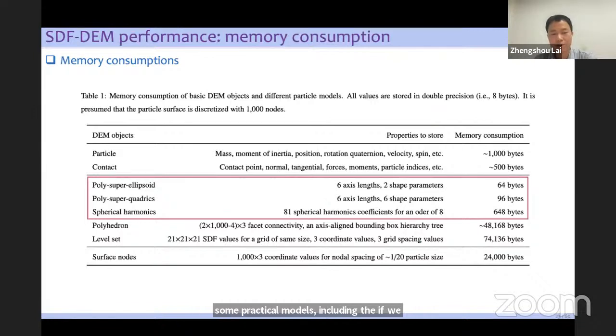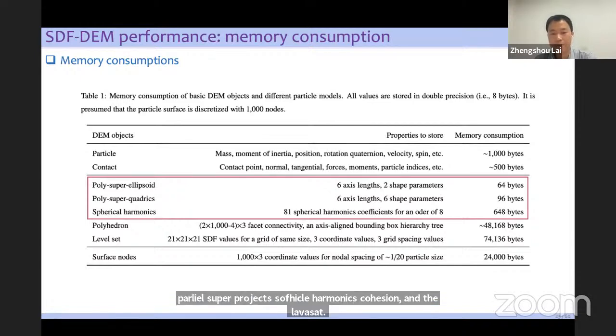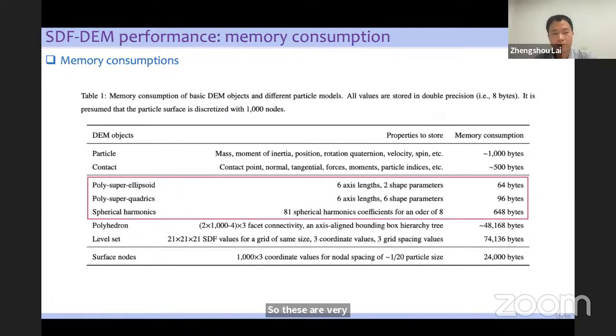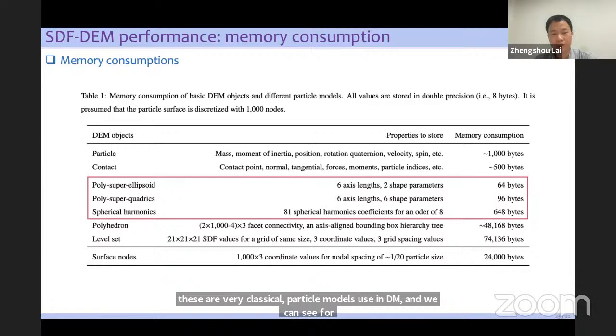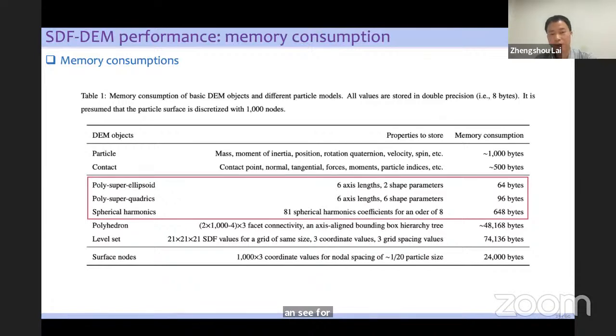These are very classical particle models used in DM. For polyellipsoids, polyquadrics, and spherical harmonics, because they only need some parameters to define the shape, they are memory friendly. For polyhedron and the level set, it requires much more memory.